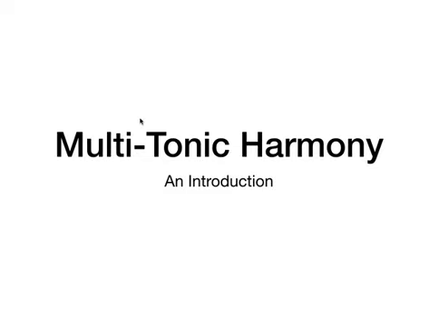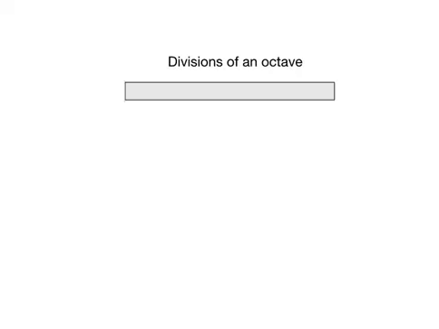Okay, so in order to understand multi-tonic harmony, we can look at single tonic harmony, i.e. tonal harmony. The way I like to look at all my theory is through divisions of an octave. That can give us a nice visual way of understanding note distributions and how they interact with the music.